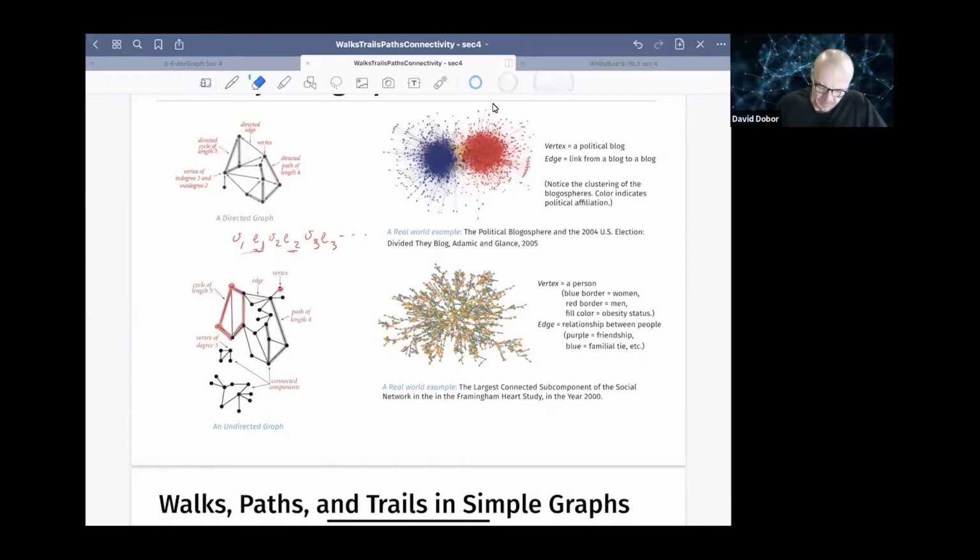It's a very intuitive notion. Let's say this is V1, V2, V3, V4.